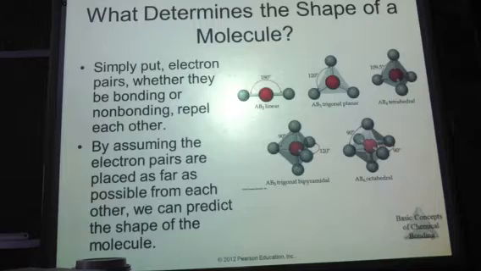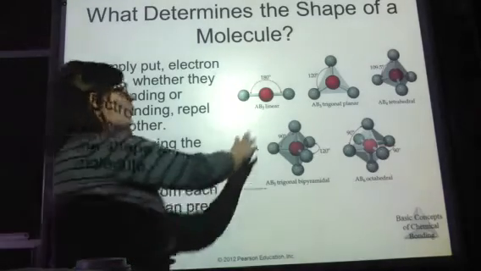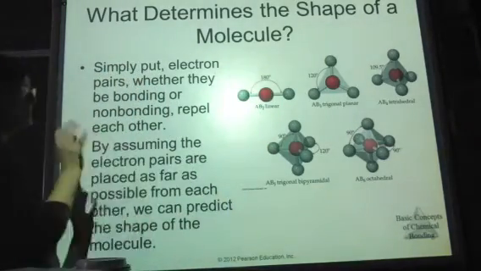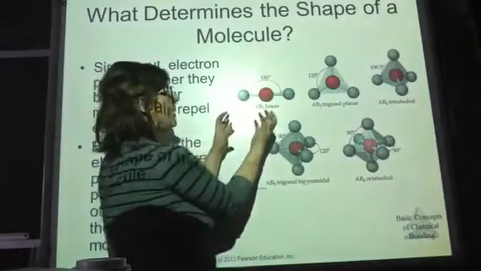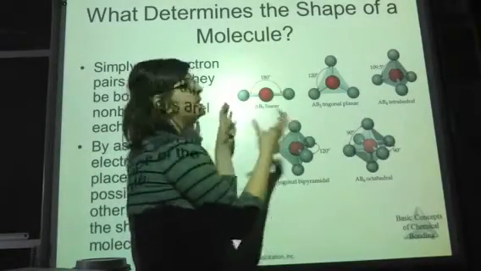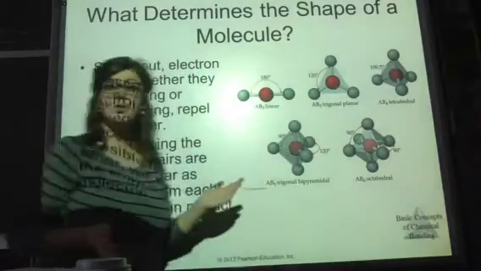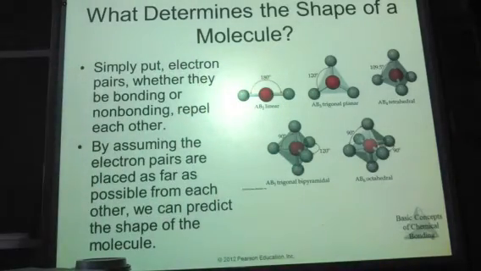Because these electron pairs are repelling, it should make sense that they are going to be placed as far away from each other as possible, because we want to minimize the electron-electron repulsions. When we have a linear molecule, it's because I have two electron pairs, and the best way to minimize that repulsion is for them to have 180 degree separation.